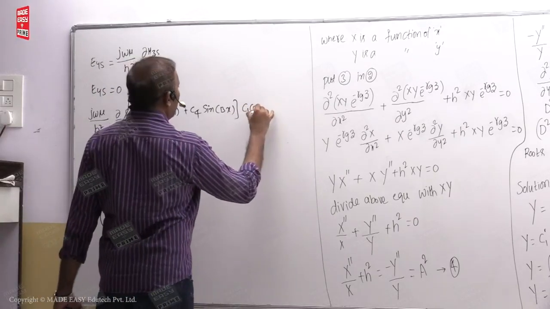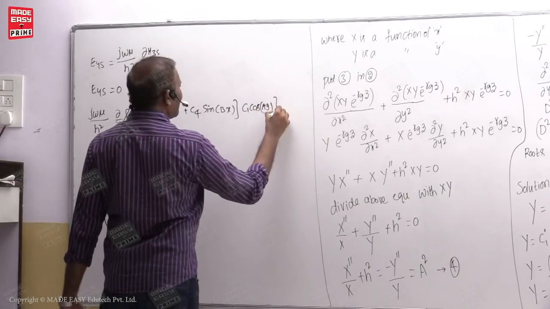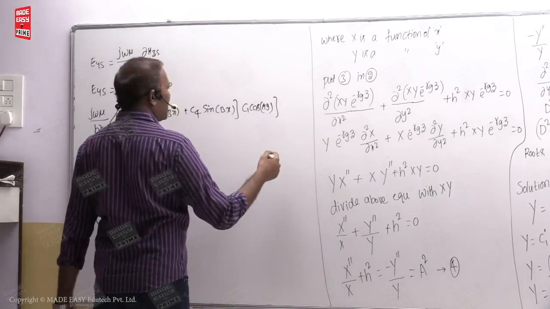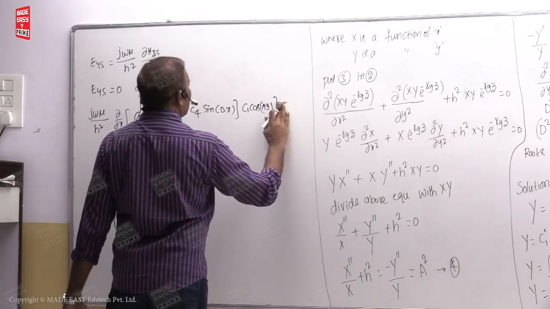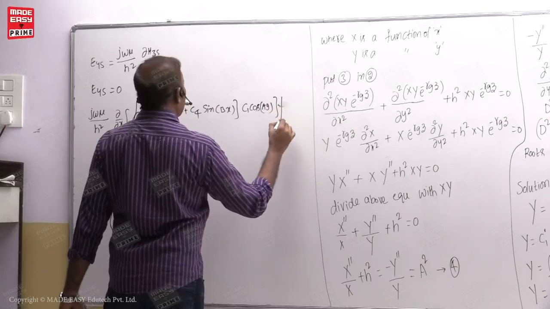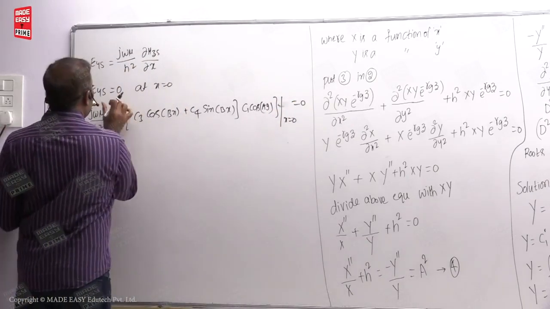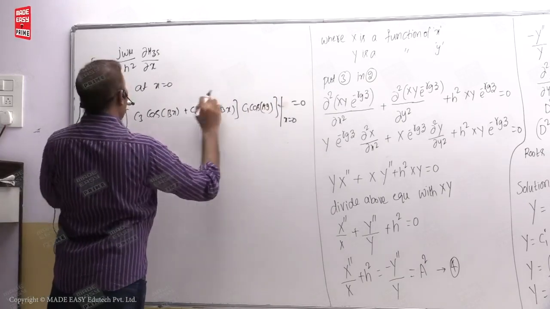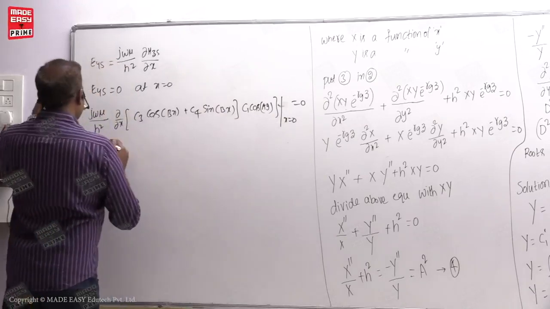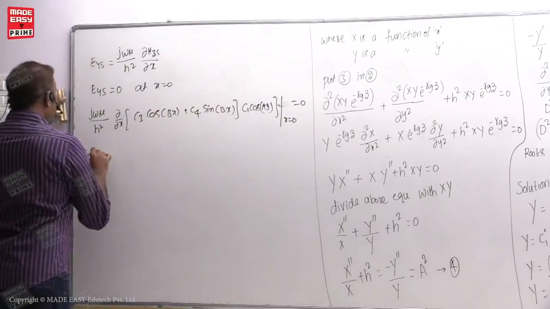Of course, no need to take that e power minus gamma gz, that becomes 0. So this is equal to 0 at x equal to 0. This is actually Eys, that becomes 0 when you substitute x equal to 0.